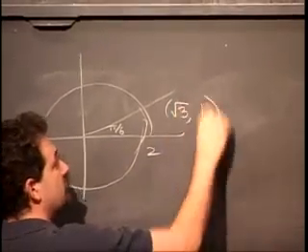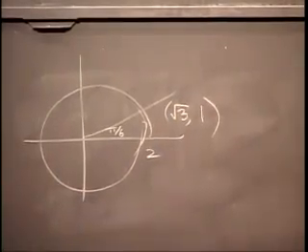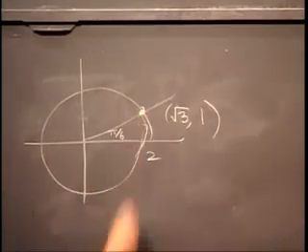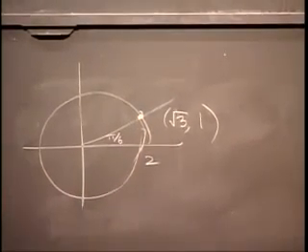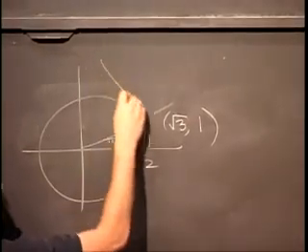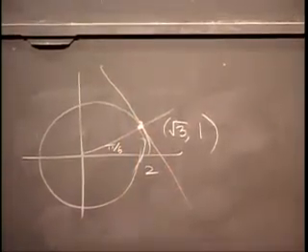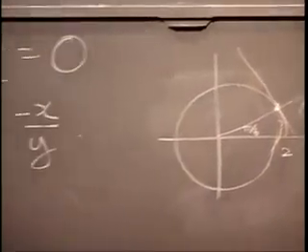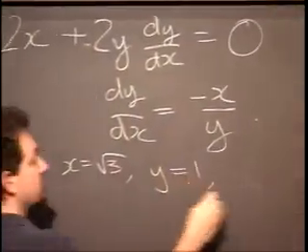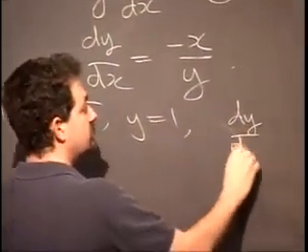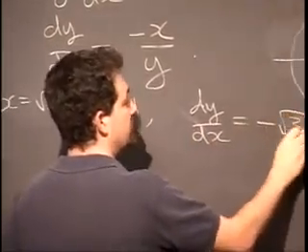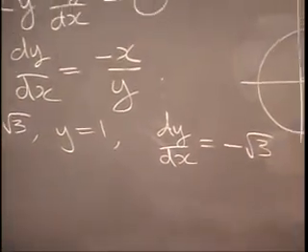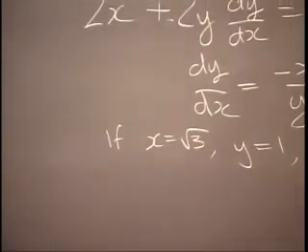This is what I want. Consider the point root 3, comma 1 on the circle. The question is, what is the slope of that tangent right there? Well, if x is root 3 and y equals 1, we just plug it in and we see dy/dx equals minus root 3. Okay, so that's a specific example of how to use implicit differentiation.